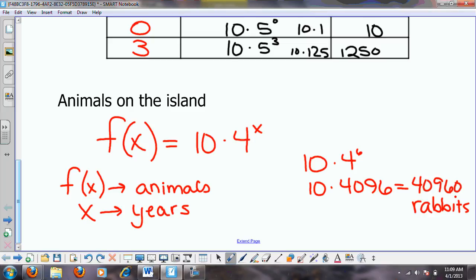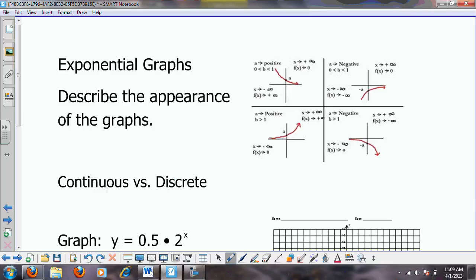All right, let's move on and let's talk about what this would look like if we graphed it. Here you'll notice, in the middle of page 469, exponential graphs. What do you notice about them? Describe their appearance. Look at what's happening here. They're a curve.